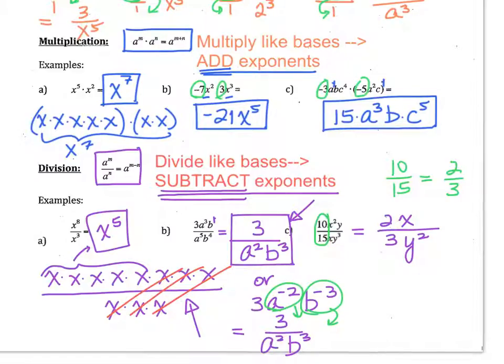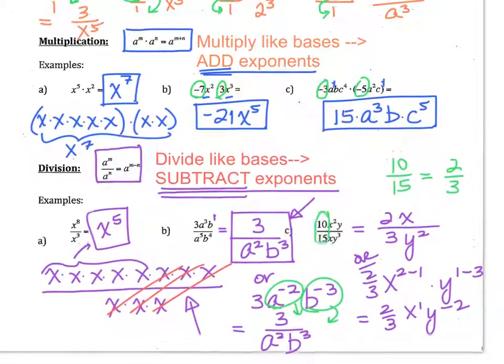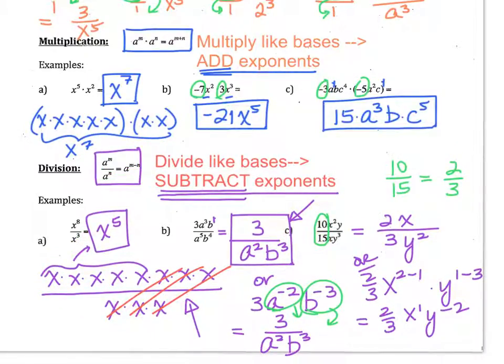Now again, you can subtract and say x to the second over x to the first would be x to the 2 minus 1, and y to the first divided by y to the third is y to the 1 minus 3, and that will give you 2/3 x to the first, y to the negative second, and then that has to turn into the same thing that we had up here, because you cannot leave an exponent negative.